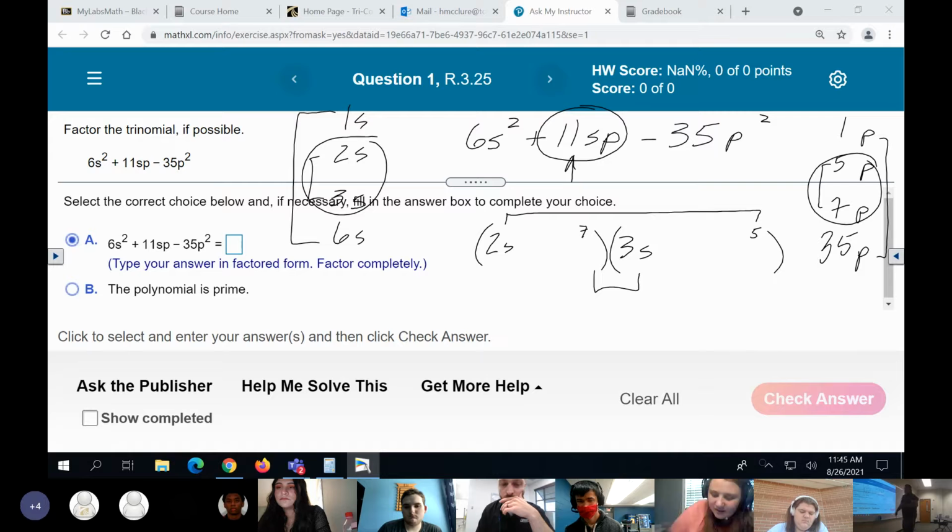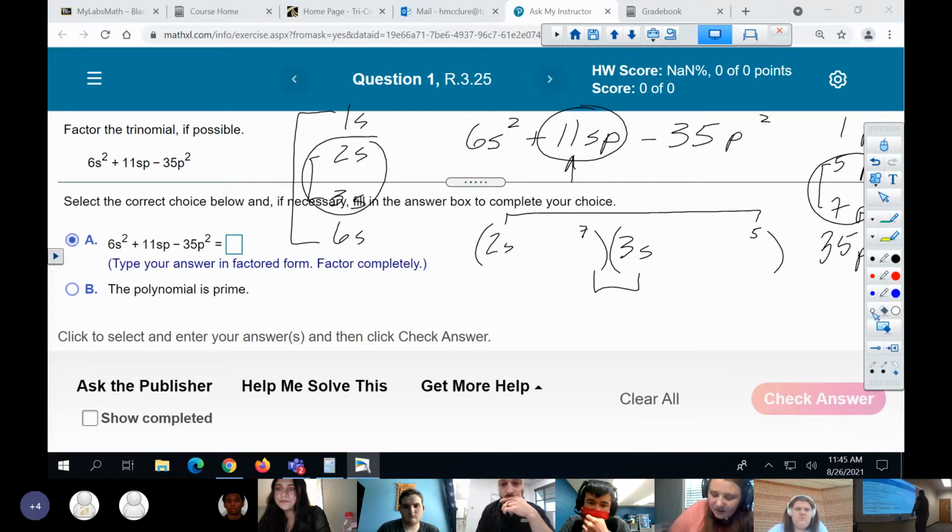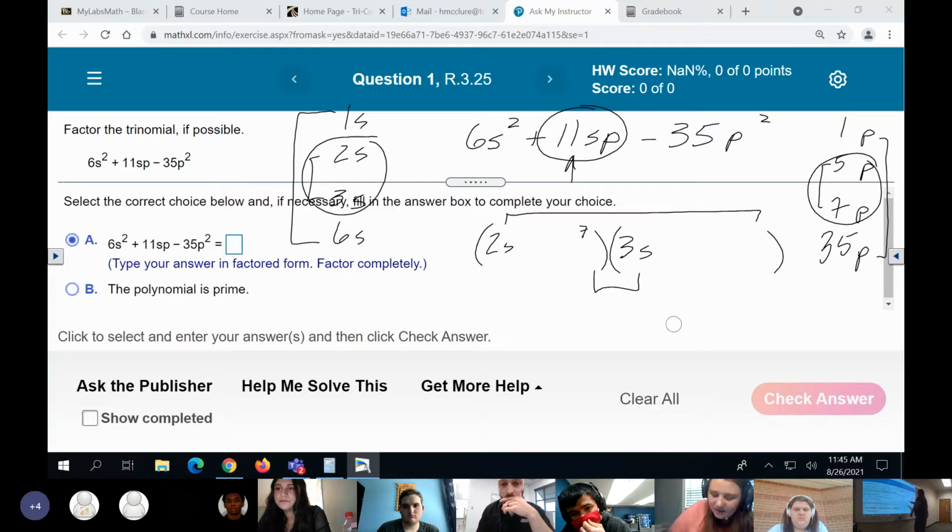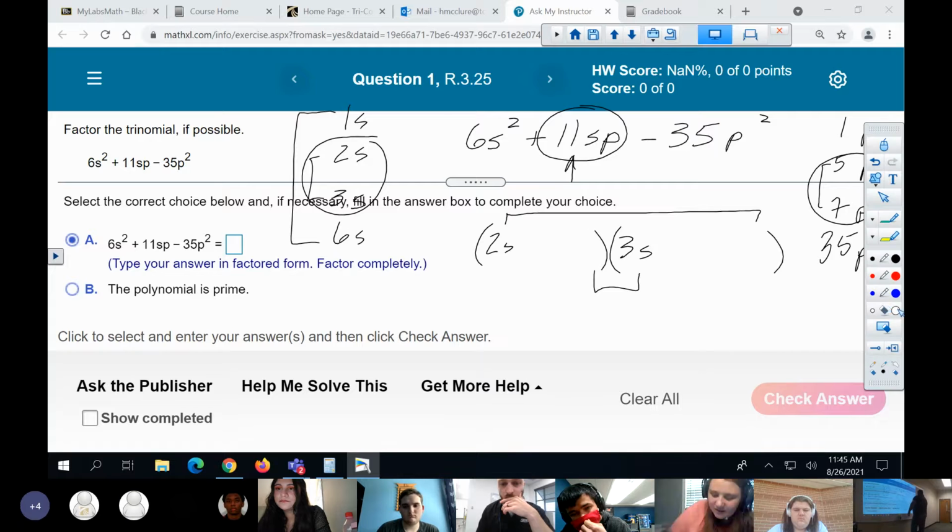Well, 21 and 10 give you a 11. Yes or no? Yes. So I'm going to put my big 7 here and a big 5 here.